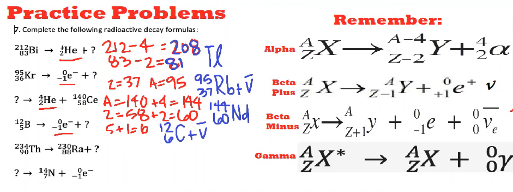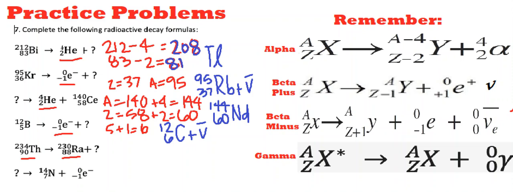The fifth problem does not show any electrons, positrons, or alpha particles being emitted. So we must look at what is given to us. We know the identity of the daughter nucleus, as well as the identity of the parent nucleus.